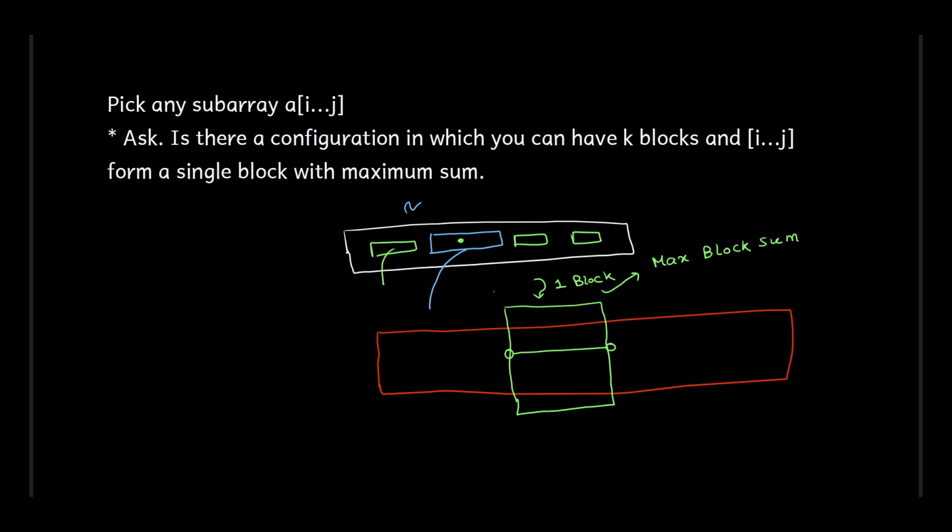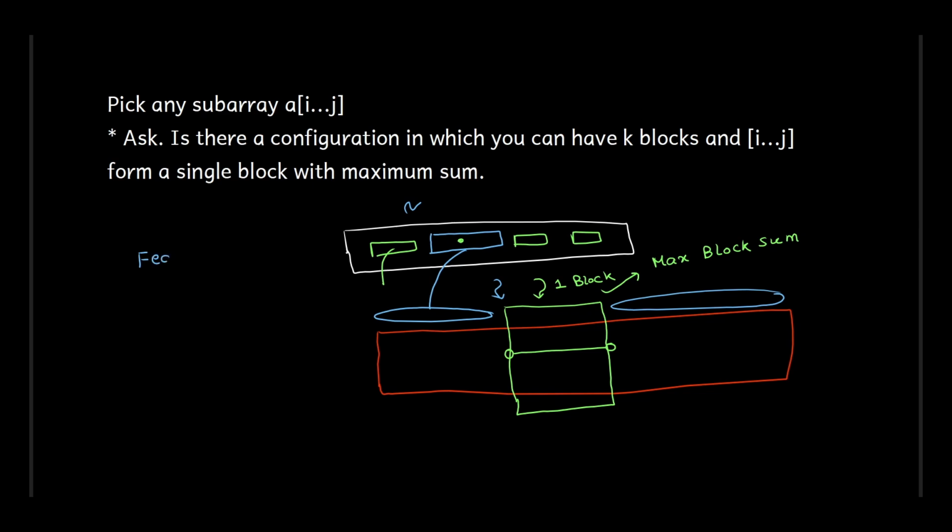You can see that if this subarray is one block in the final array, then it has split the elements into the left hand side and the right hand side. So there have to be two checks. First of all, there is a feasibility check.